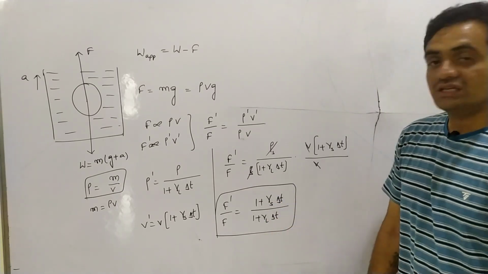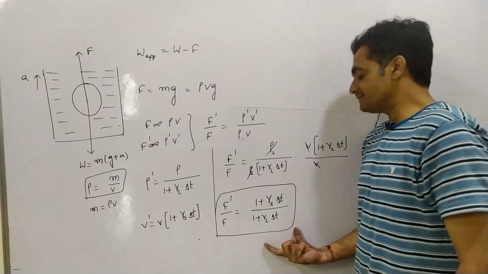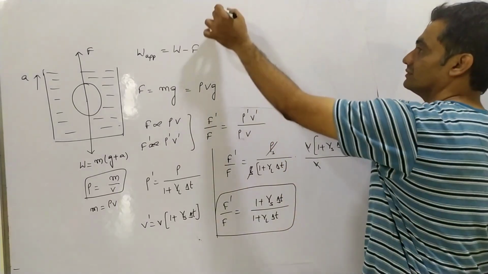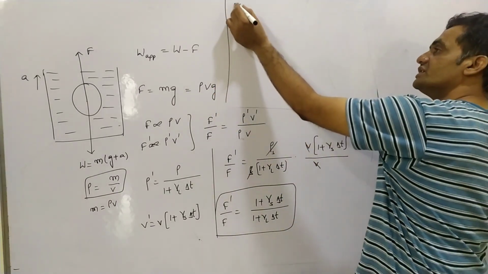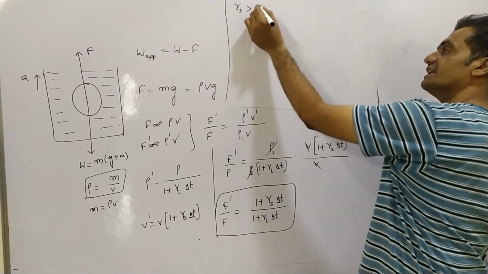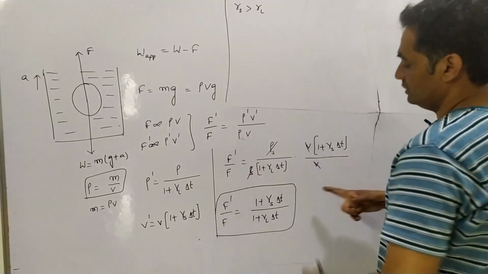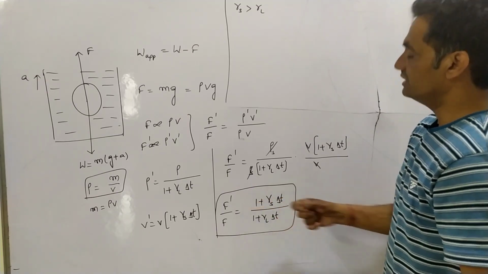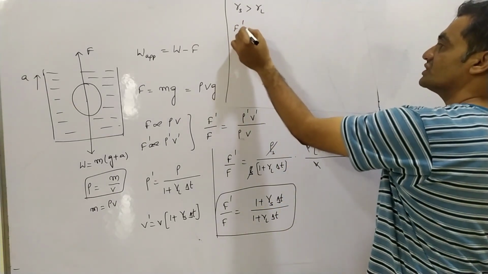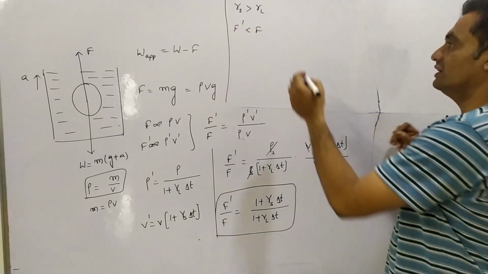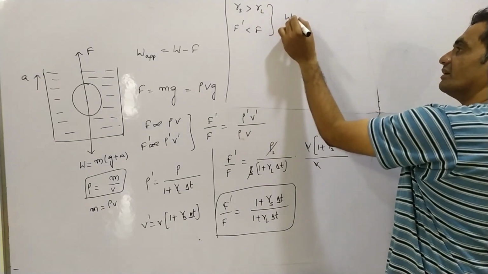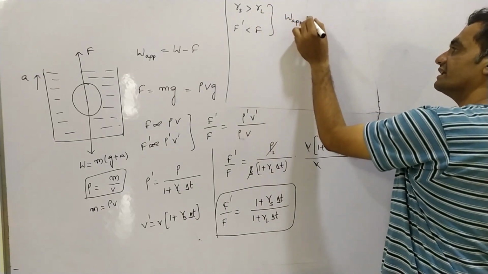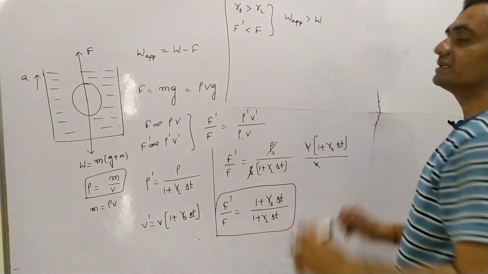So here let us consider that the expansion of the solid is greater than the expansion of the liquid. As you compare this, we can represent that F dash is less than F. Based on that, the apparent weight is greater than the actual weight.